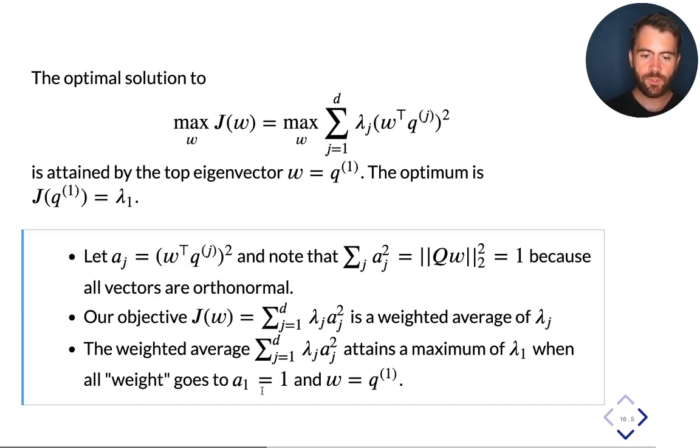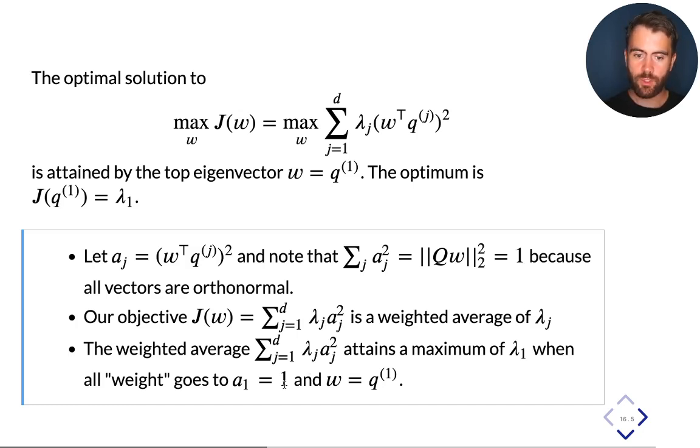If a1 was less than 1 and some of the other a's were non-zero, then we would have an average between lambda 1 and another eigenvalue that is smaller than lambda 1, which would give us a smaller value for the objective. So a1 has to equal 1.